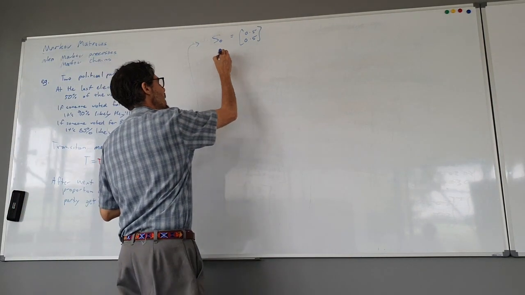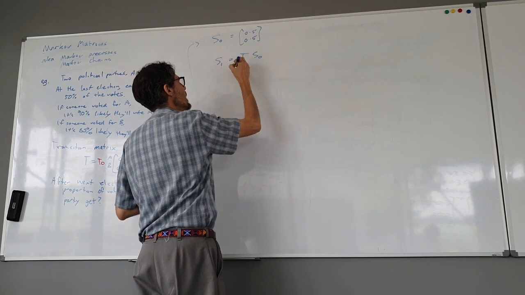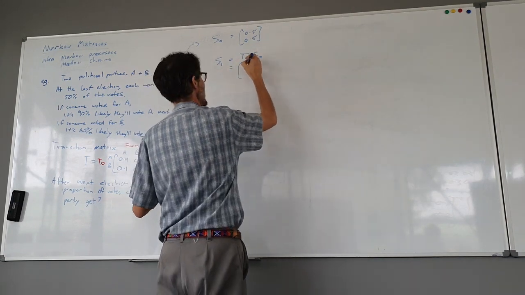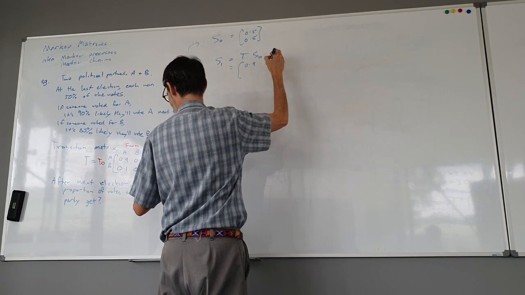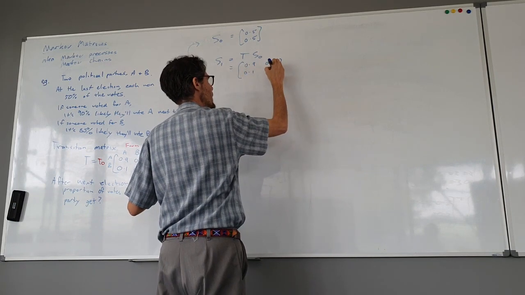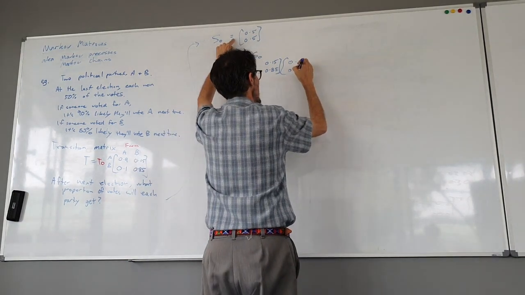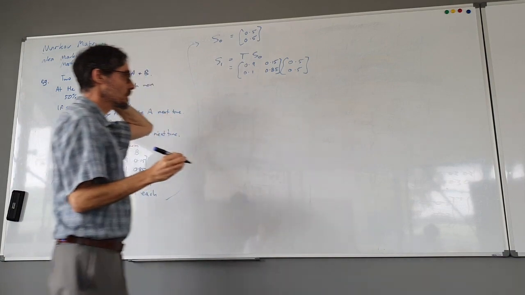And then if I'm going to go to the next election, I'm going to go T times S naught. How is this going to work? 0.9, 0.15, 0.1, 0.85 times half, half.